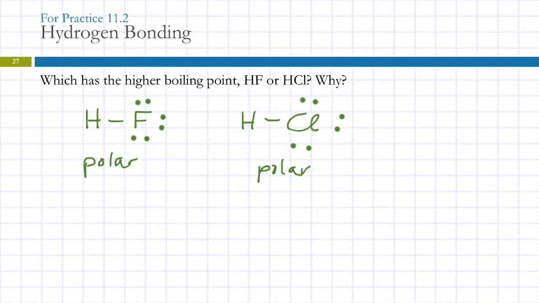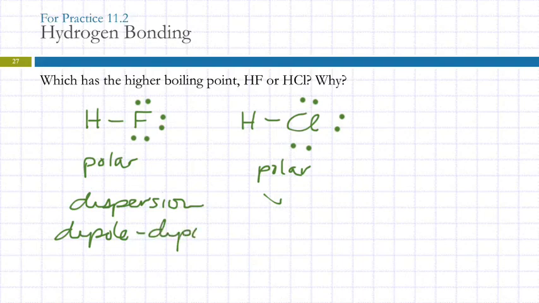Do they both have dispersion forces? Yeah, because everything has dispersion forces. So both have dispersion forces. Do they both have dipole-dipole forces? Yes, because they're both polar. So far, they're very similar.